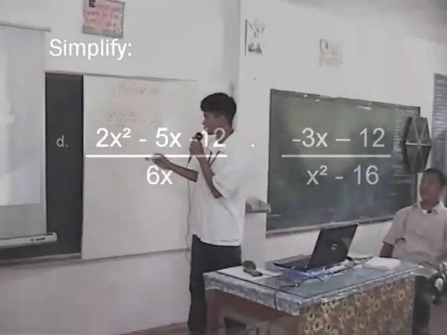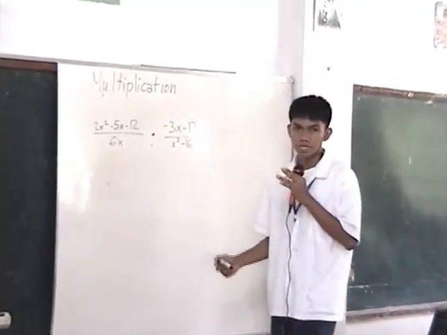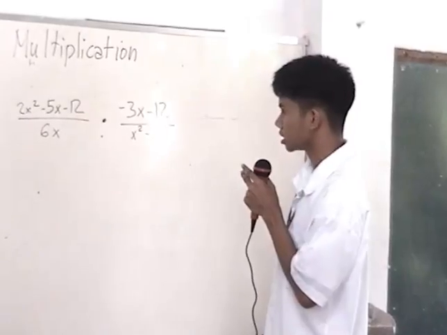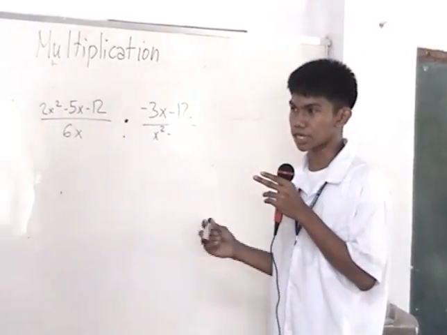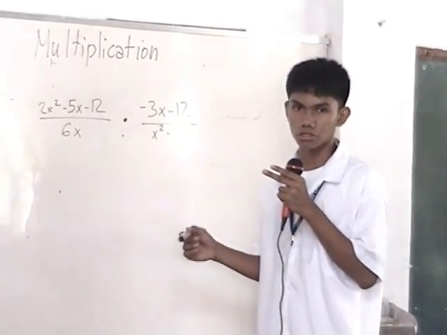In multiplying 2x squared minus 5x minus 12 over 6x times negative 3x minus 12 over x squared minus 16, you must first get the factors of both the numerators and denominators to simplify it.